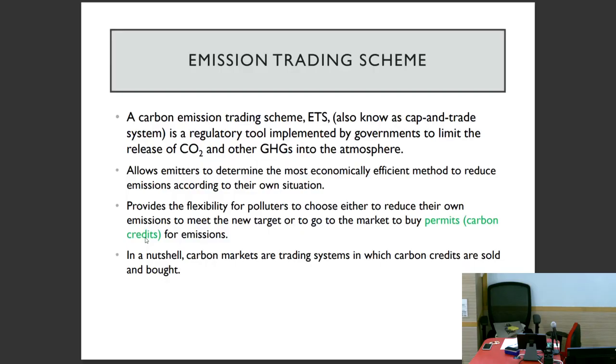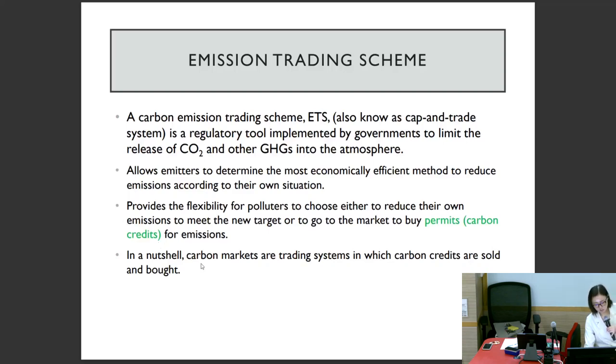If your company is able to reduce the emissions in a cost-effective way, then you can sell these allowances in the market. Always, the market price of the allowance will be adjusted according to the number of allowances available in the market.